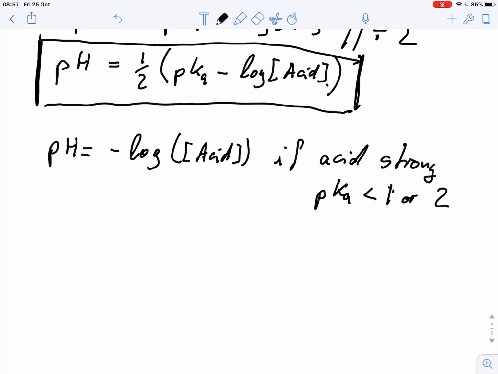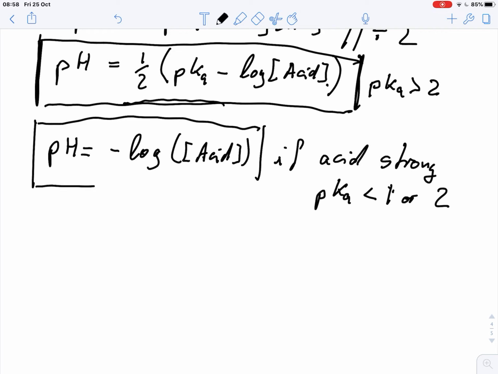If the pKa is above 2, we would use the equation for a weak acid. If the pKa is smaller than, roughly, 2, we would use the equation for a strong acid.